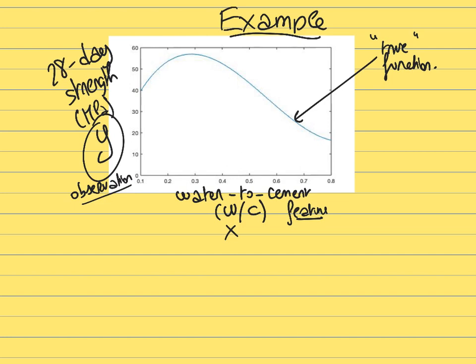For example, if you are trying to predict the acceleration of an object as a function of its mass and the force applied on this object, then you can use Newton's law of motion, that the mass times the acceleration of an object is equal to the sum of the forces applied on this object. So in this case, there is a real mathematical function, which is that force is equal to mass times acceleration. This is what you usually have when you're trying to predict behavior that is governed by physical or chemical laws, which is the case here with concrete.